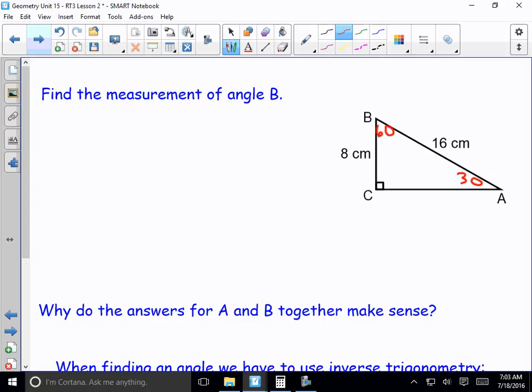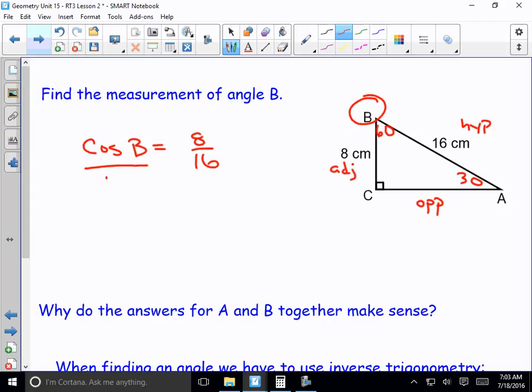If I'm standing at angle B, 16 is still the hypotenuse, CA is the opposite, and 8 is the adjacent. Notice how it was a little bit different than the last slide. You always have to label the triangle based on where you're standing. So now, SOHCAHTOA, I have an adjacent and a hypotenuse, so I have to use the cosine of B equals the adjacent value over the hypotenuse value.